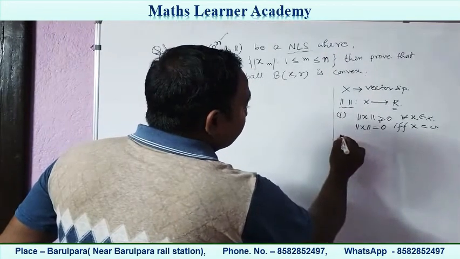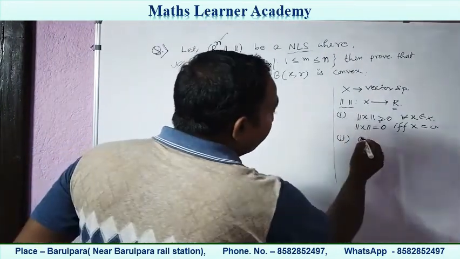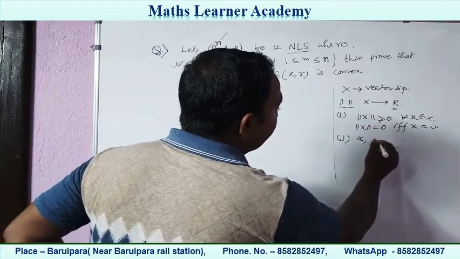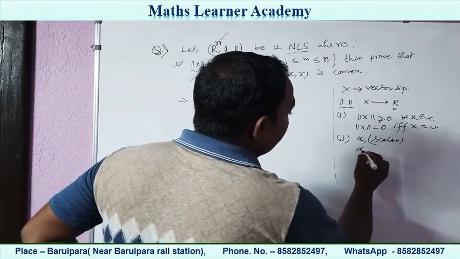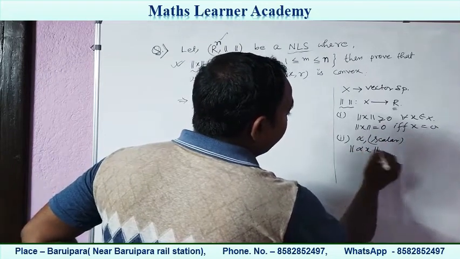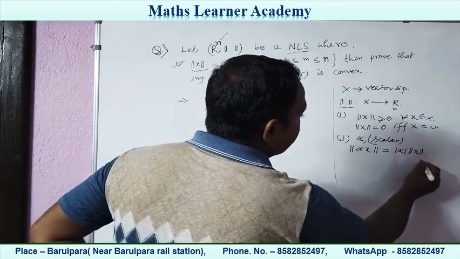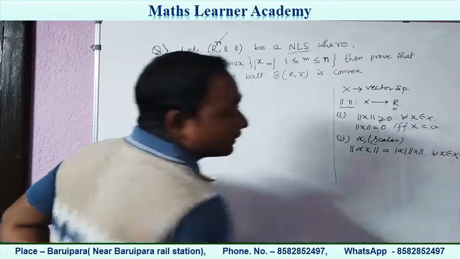The next condition is for any scalar, suppose I am denoting the scalar alpha: norm of alpha x equals mod alpha times norm of x for all x belongs to capital X, right?